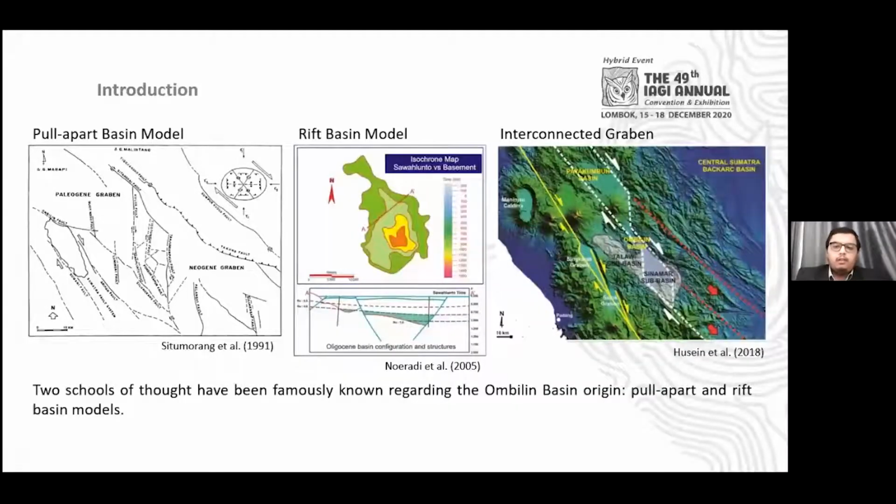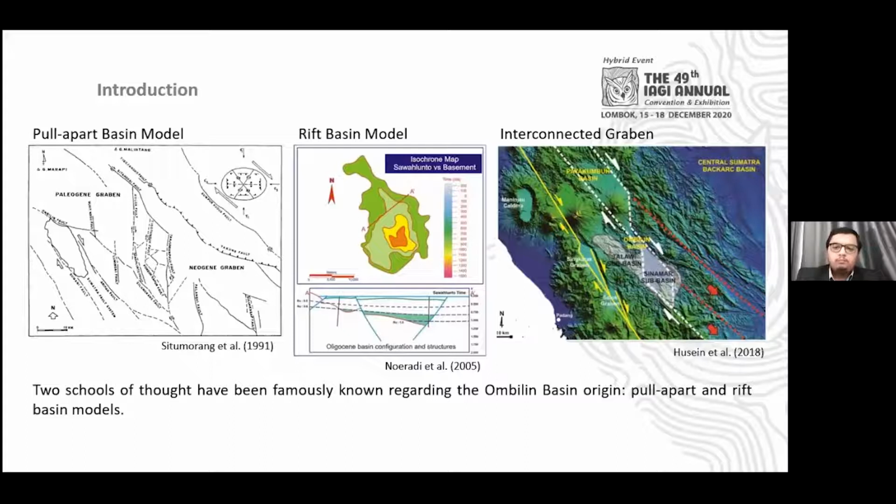Let us begin first with the schools of thought regarding the origin of Ombilin Basin. The previous studies in this area suggested that the Ombilin may originate as a pull-apart basin or as a rift basin model. And the third model, created by Hussein et al., suggested another view of interconnected grabens between the Payakumbuh and the Ombilin Basin.